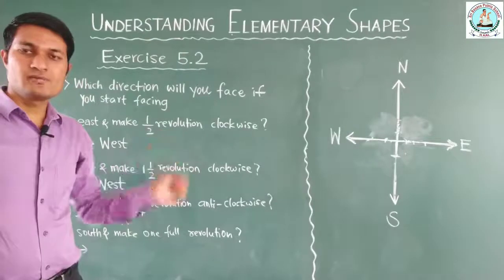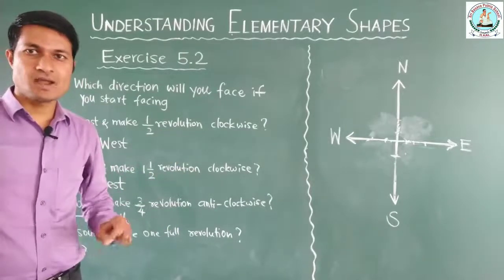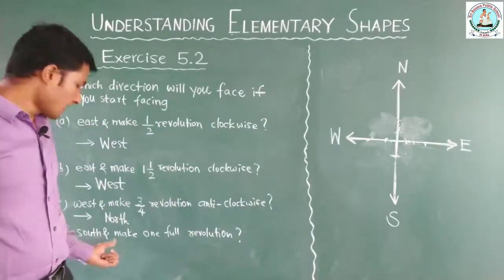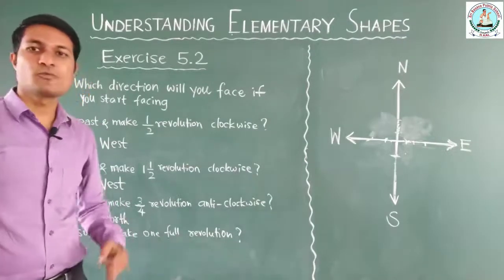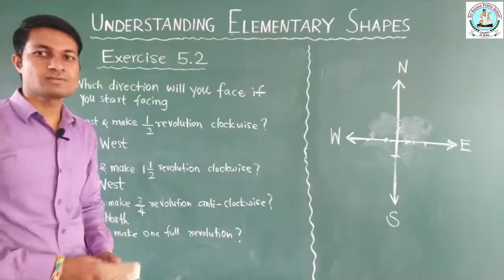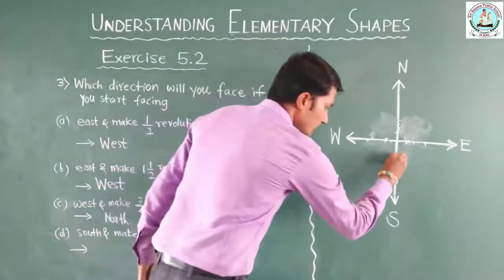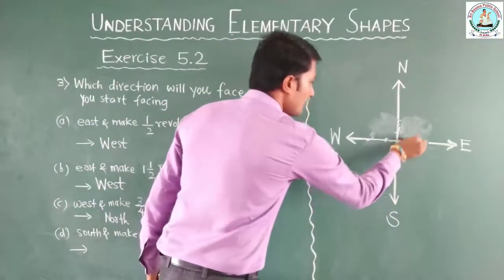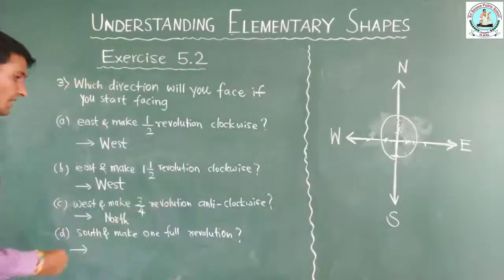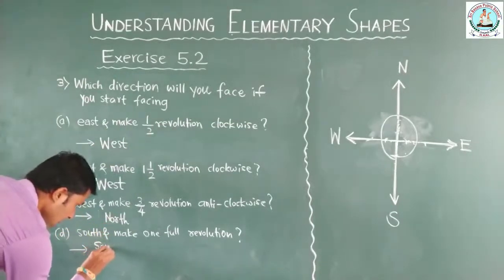So if you make a full revolution, be it clockwise or anti-clockwise, it doesn't matter, you are starting from the south direction, and after making 1 full revolution you will always end in the same direction where you have started. So see here, right now you are facing south. So if you make 1 complete revolution like this, then you will be facing in the same direction, that is south.